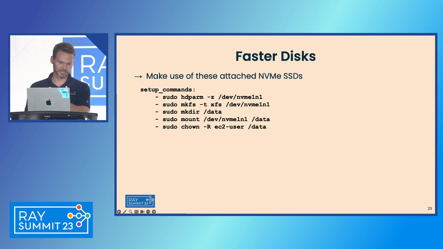You make a /data directory, you mount that drive there, and then you change the ownership. In this case, ec2-user is just the default Amazon Linux user, but if you had Ubuntu or something else, that would be a slightly different command. You want the user to own it instead of root, so that when Ray processes that are running in user space, they can write to it and they don't have any issues there.